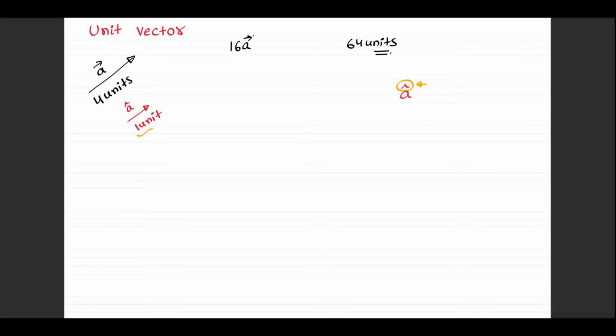And if it's a unit vector, its magnitude by default will be how much? 1 unit, right? Now if I want to create a vector of magnitude 16 in this direction, I can directly write that vector as this. Now this vector will have magnitude 16 and direction also the same as A vector, correct?